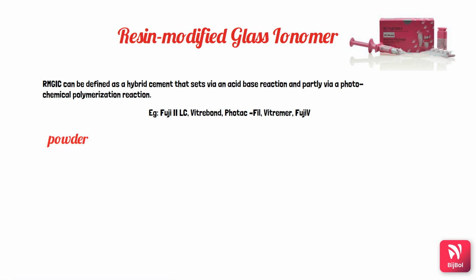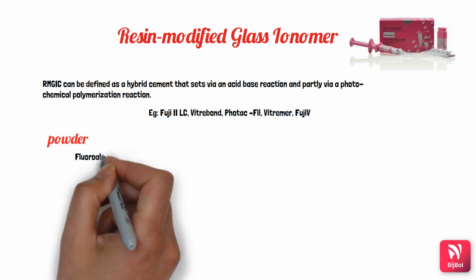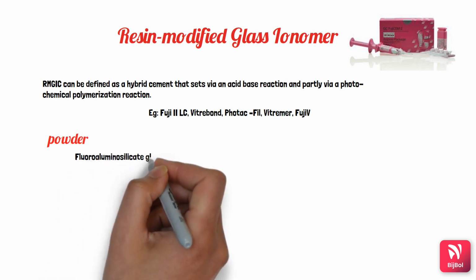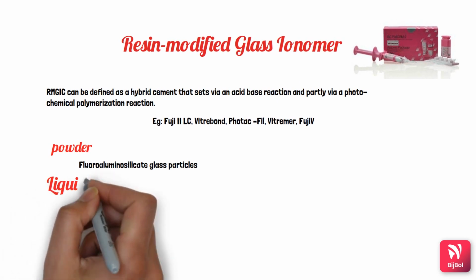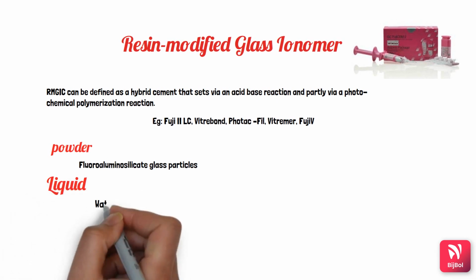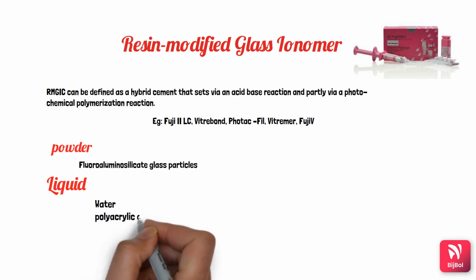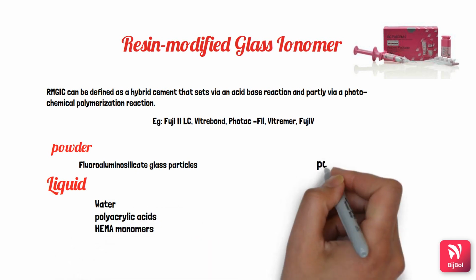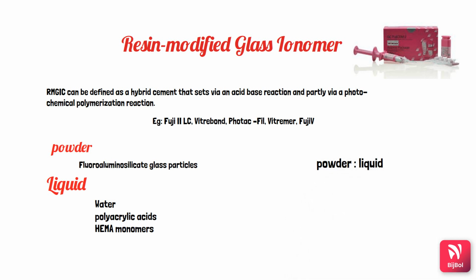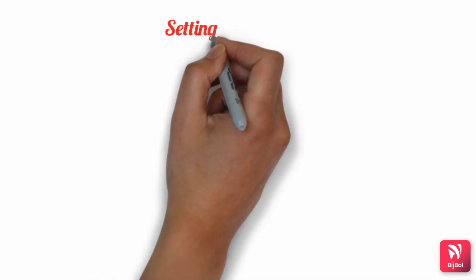The powder component of the resin modified GIC has the fluoroaluminosilicate glass particles, whereas the liquid component contains water, polyacrylic acid with HEMA monomers. The blending of the two with the ratio of 3:1 helps in easy mixing.